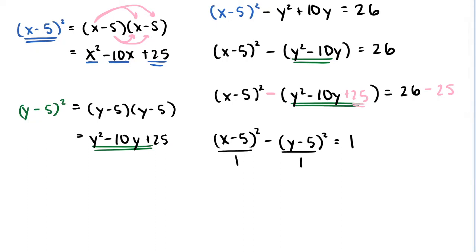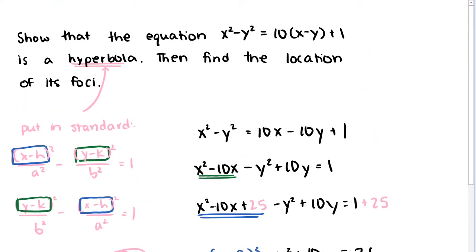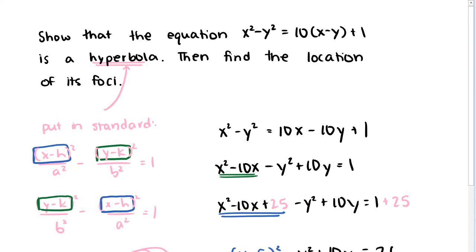So now it's telling me that a squared is equal to 1, and here b squared is equal to 1. So this is a hyperbola with the center at the point 5, 5, and a and b values of 1. And so we've answered the first part of this problem that says, show that the equation is a hyperbola. Well, we've shown that the equation is equivalent to one of these standard form equations. We've shown that it really corresponds to a hyperbola.